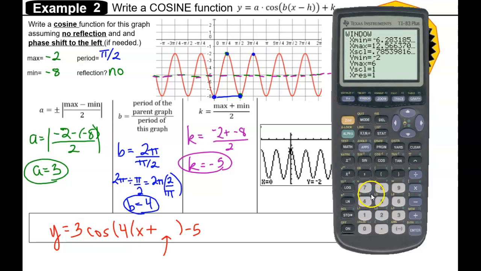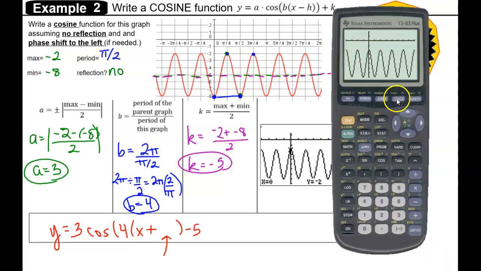And then I'm going to go to my window and change the dimensions to match the graph that was given. So that was a lower bound of -pi, an upper bound of 2 pi, going in increments of pi over 4. Then our y-axis is -8 to 2, going by ones. And we'll hit graph.